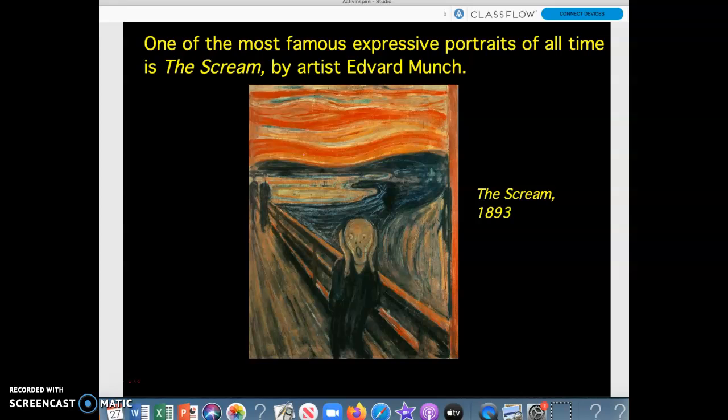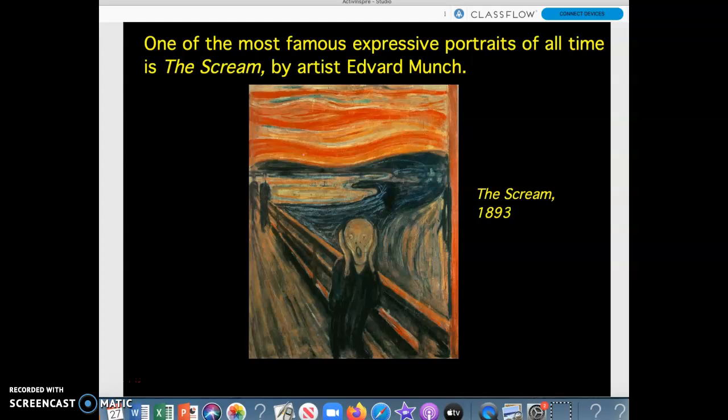And then finally, the last painting I want to show you, probably the most famous expressive portrait of all time, is called The Scream. And that is done by the artist Edvard Munch, and he was from the country of Norway.